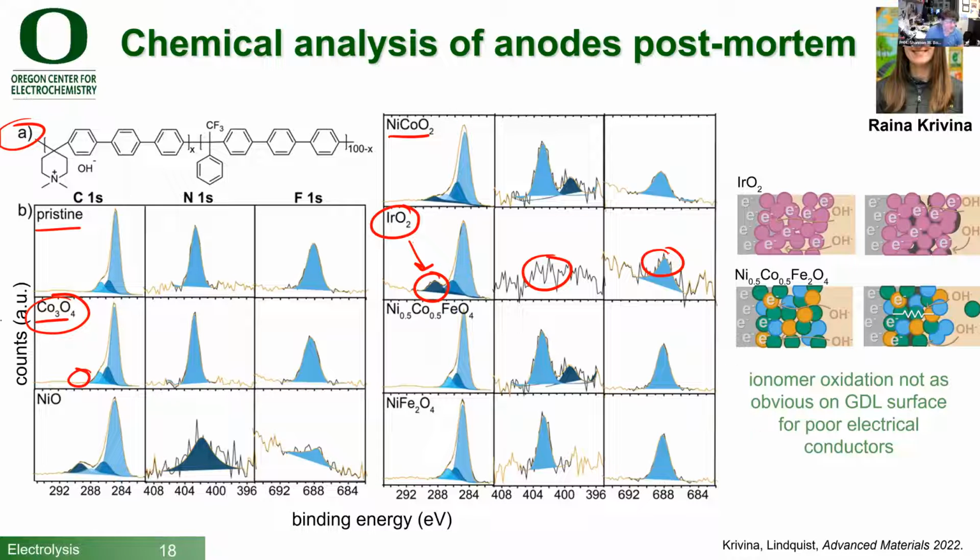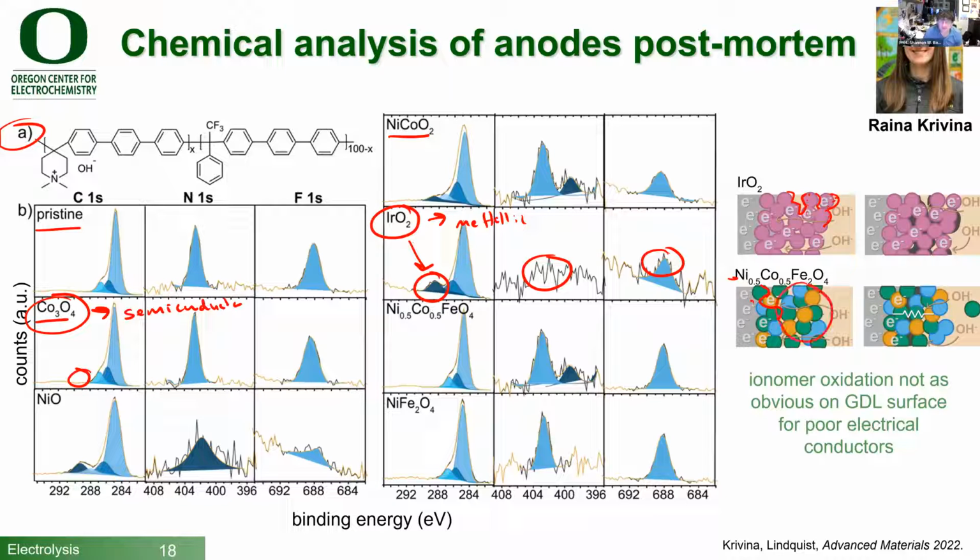One of the reasons for this is that cobalt oxide is a semiconductor, whereas iridium oxide is metallic. So iridium oxide makes really good electrical contact to all the ionomer, so it can oxidize ionomer everywhere, whereas the cobalt oxide, or I guess down here, this is showing nickel, cobalt, iron, but it's the same idea. If you don't have good electrical conductivity, you can only oxidize polymer that's near the current collector.